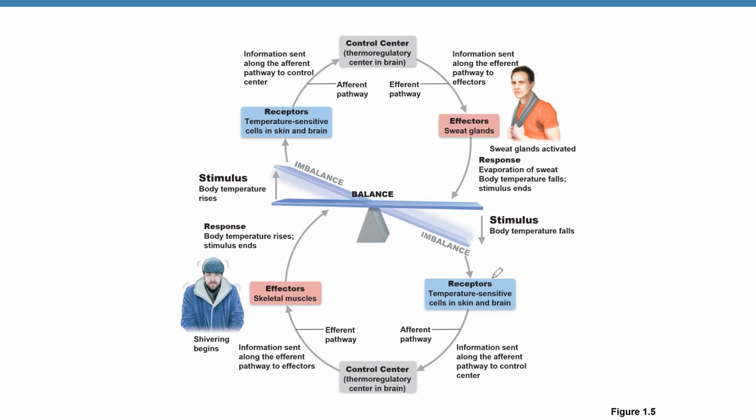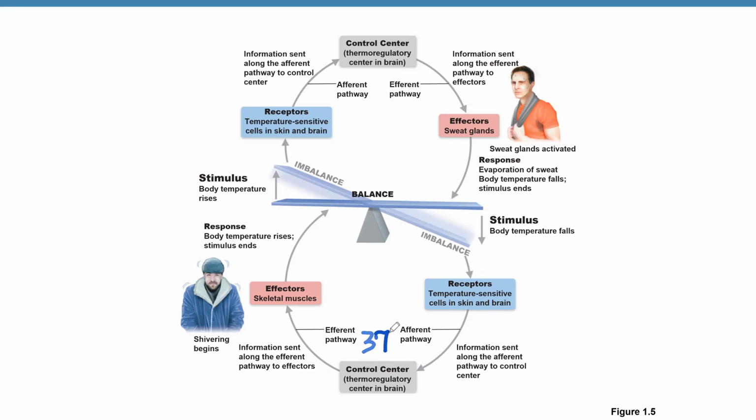However, if your body temperature falls, you have receptors in skin and brain that will sense this change in the environment, and again send information through the afferent pathway to the brain's thermoregulatory center. The brain will compare the information received to the set point.